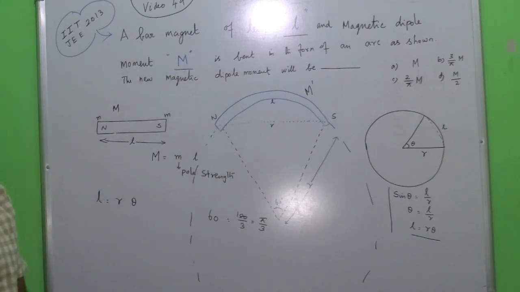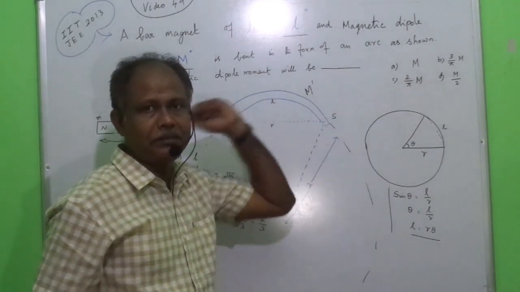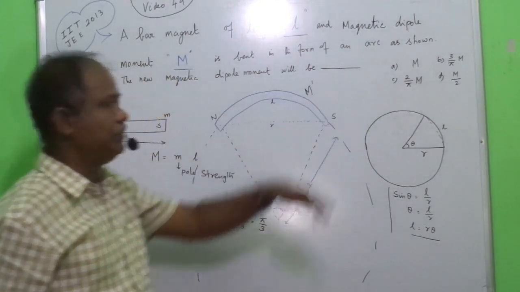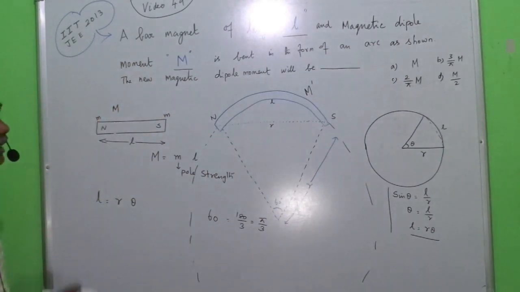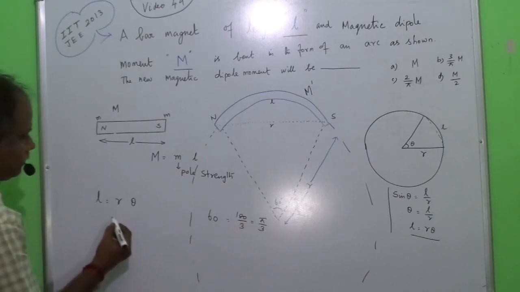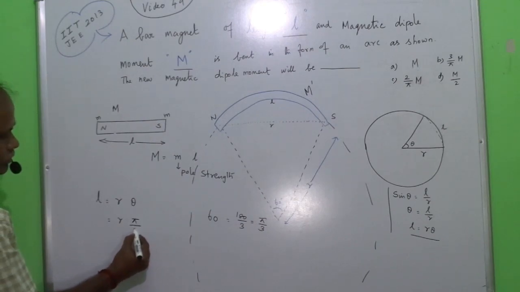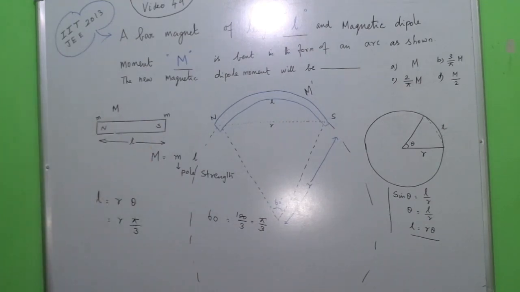Since the options are given in terms of pi, like 2 by pi, 3 by pi, you convert into this. 60 degrees is nothing but pi by 3. Then R into pi by 3.